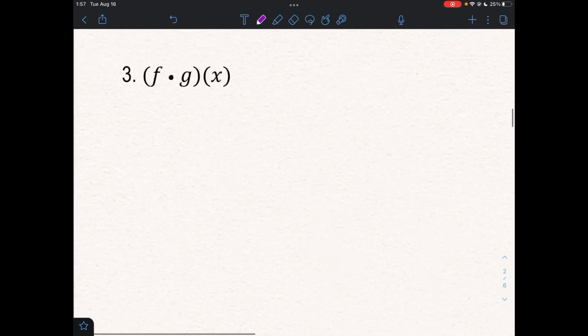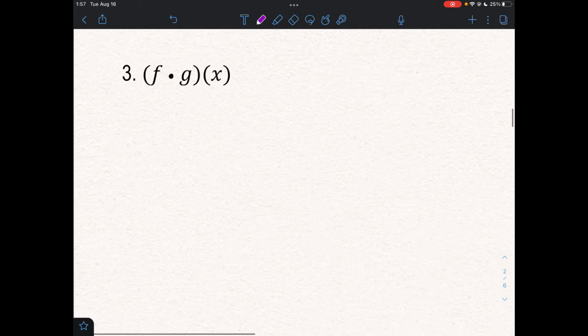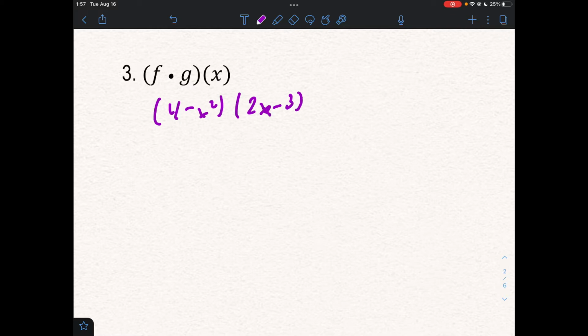Number 3 is f times g of x, or f of x times g of x. So it's 4 minus x squared times 2x minus 3. If we distribute, we get 8x minus 12 minus 2x cubed plus 3x squared.